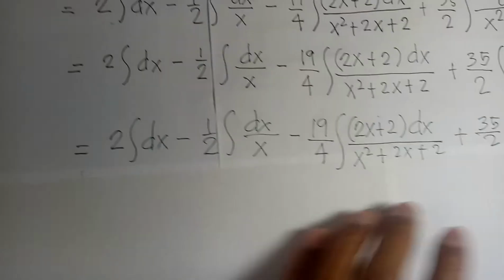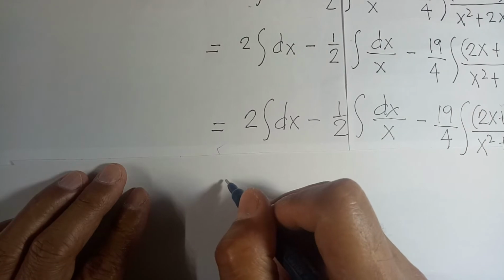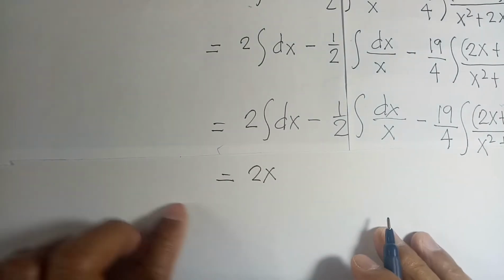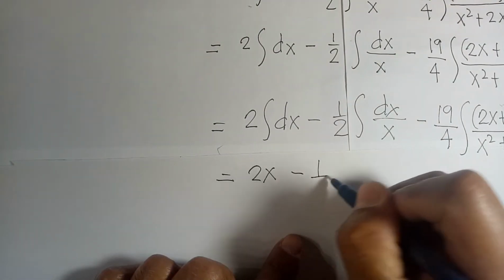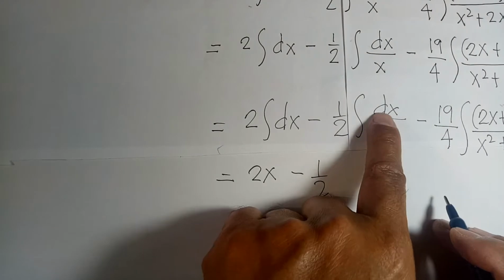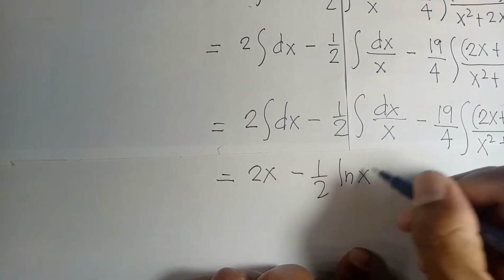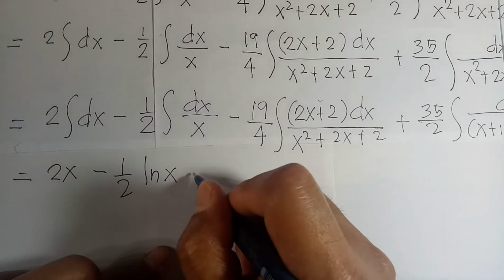So, let us now integrate. Ano? So, we will have 2x. Integral of dx is x. And then minus 1/2 integral of dx over x is ln of x. So, ln of x. And then minus 19 over 4.